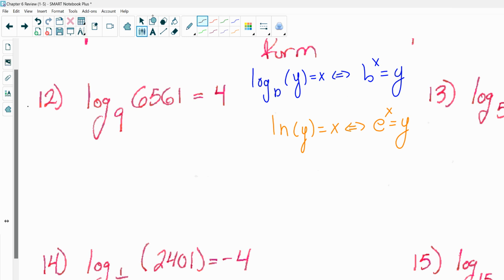Log base 9 of 6,561 equals 4, which would be 9 to the 4th equals 6,561.